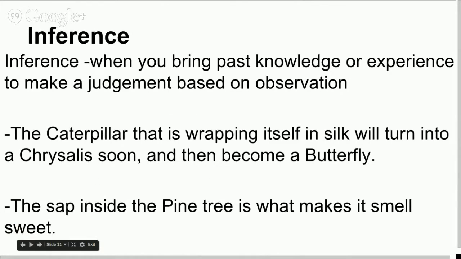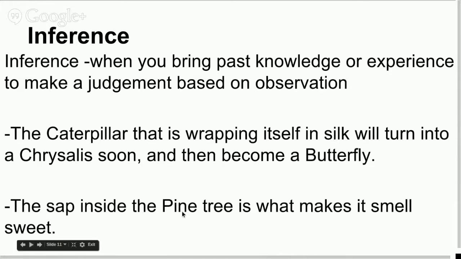Inference. This is when you bring your past knowledge or experience to make a judgment based on an observation. For example, the caterpillar is wrapping itself in silk, will turn into a chrysalis soon, and then become a butterfly. You know that caterpillars turn into a butterfly. So you can guess, you can infer that it's going to become a butterfly when it starts to wrap itself in silk.